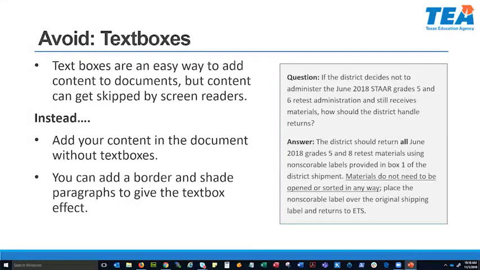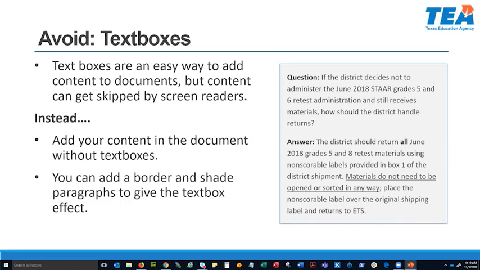Text boxes. They're an easy way to add content to documents, but the content gets skipped by screen readers most of the time. And if you have a text box you're using somewhere between the content, it's also going to throw the reading order into a different order. So it's not going to read it in the way you meant it to be read.